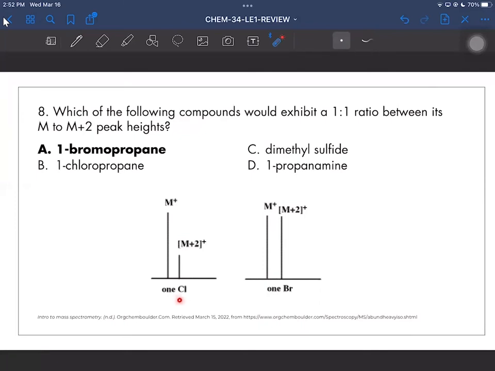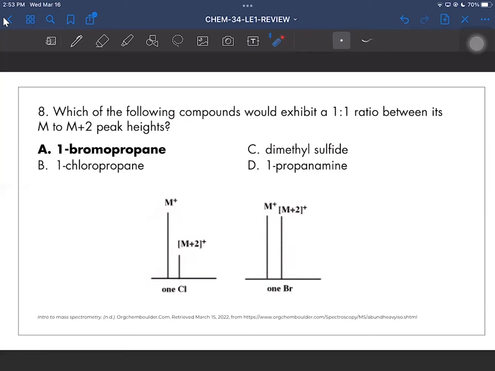So for chlorine, it roughly has a 3-to-1 ratio sa peak heights niya. So this is roughly a third of this height. Meanwhile, yung bromine natin is at almost a 1-to-1 ratio ng peak heights nila. This is just due to the natural abundance ng both isotopes ng chlorine and bromine.